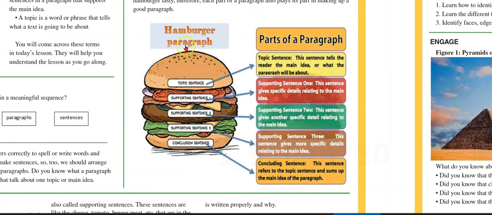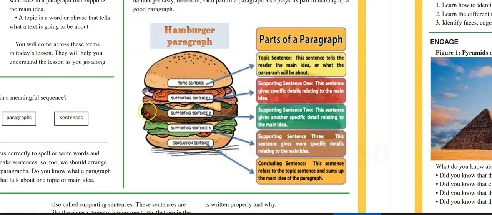So again, we have the hamburger paragraph and all of the parts add to make up the paragraph. So we have the top bun here. That would be the topic sentence. We have the bun at the bottom here. This would be the concluding sentence. And in between, we have the filling. So we have the tomato slices there. That could be supporting sentence 1.